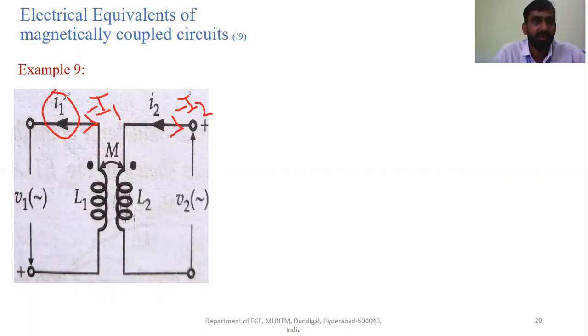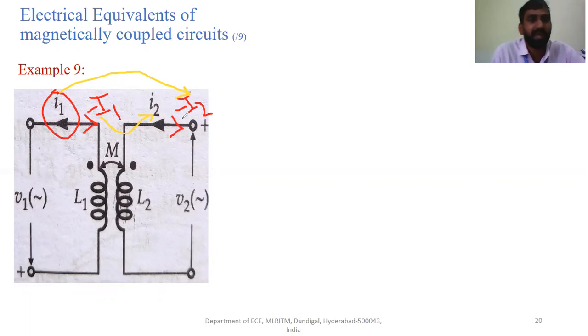Is it clear? So these two can be applied to the same concept, and this I1 and this minus I1 can be applied to the same concept. So that means both of these two are entering and these two are leaving.